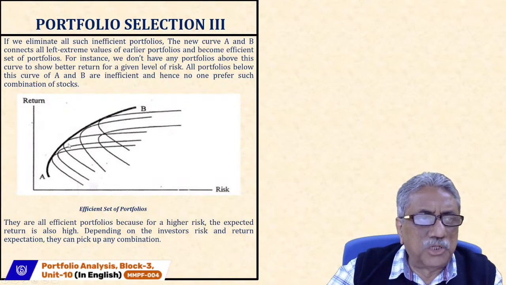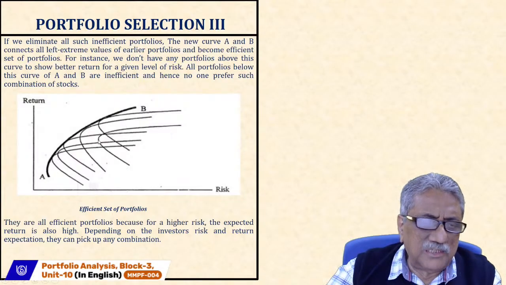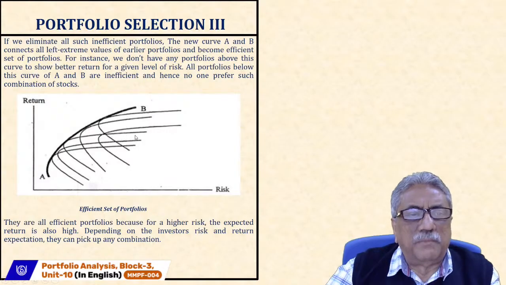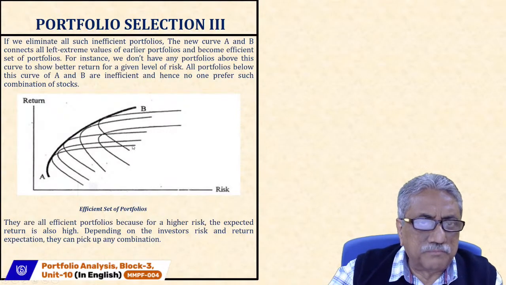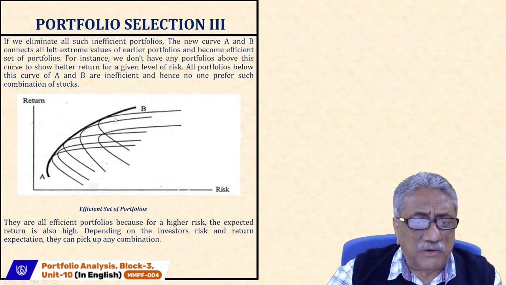All portfolios below this curve of A and B are inefficient. Below this curve, that means this is inefficient because the risk is high, return may be, so it is not as per my requirement. They are all efficient portfolios because of the higher risk, and expected return is also high depending on the investor risk and other things.